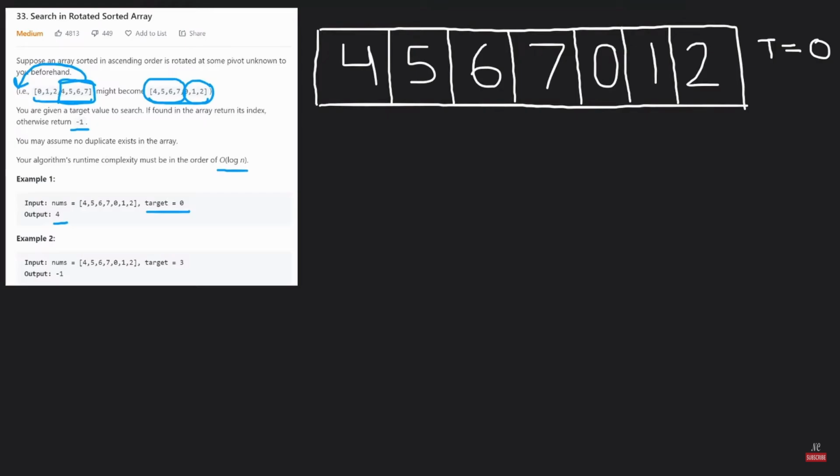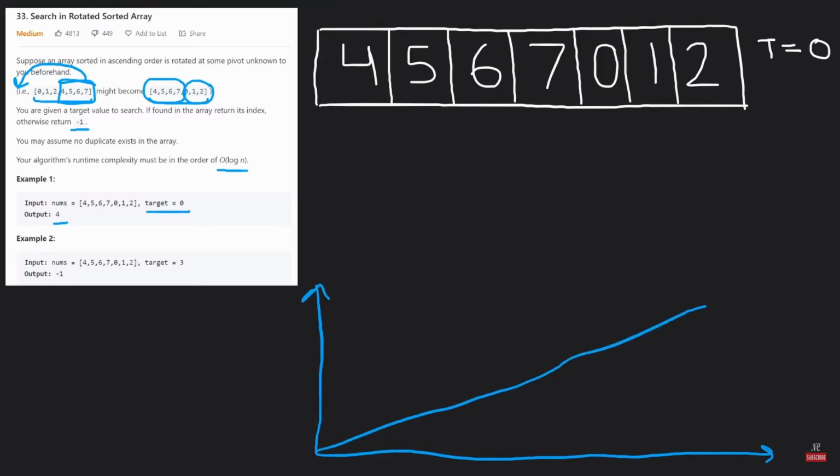Given that the original array was sorted, if we wanted to represent that as a graph, we would have a continuously increasing line. It might not necessarily be linear, but it would always be increasing. Then we took some pivot, like over here, and swapped these halves around. So let's draw what that would look like.